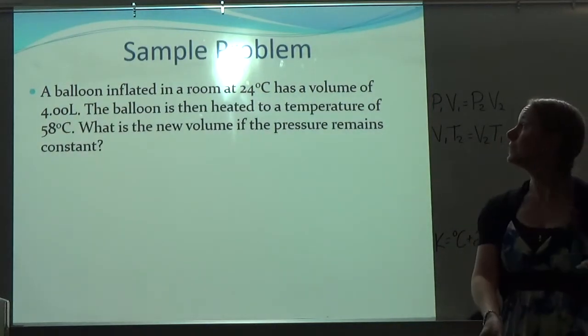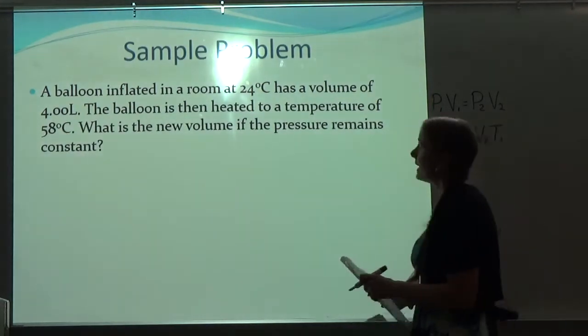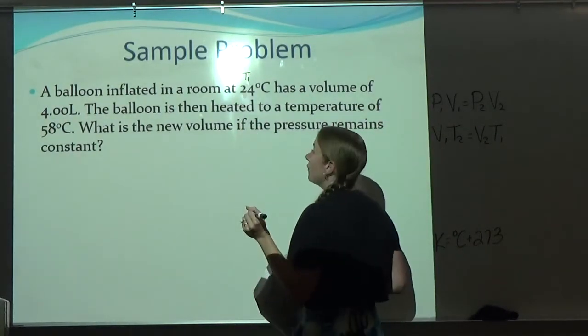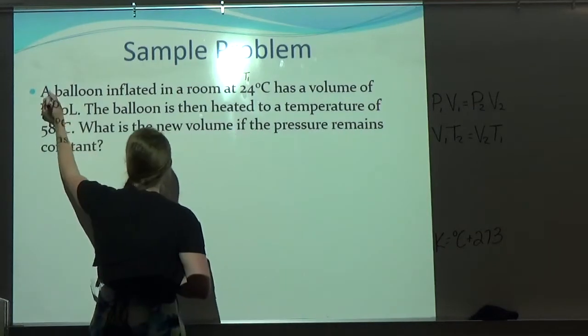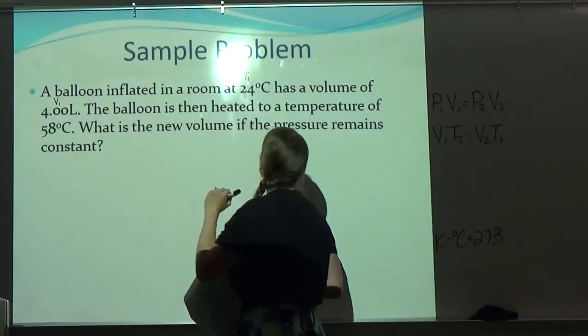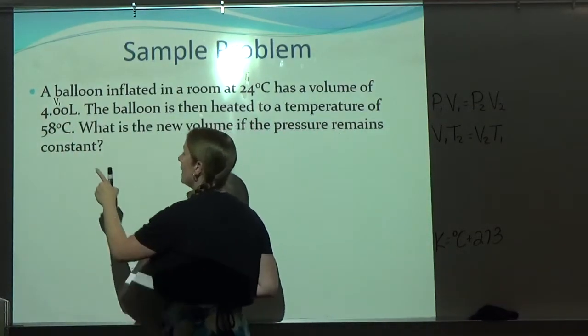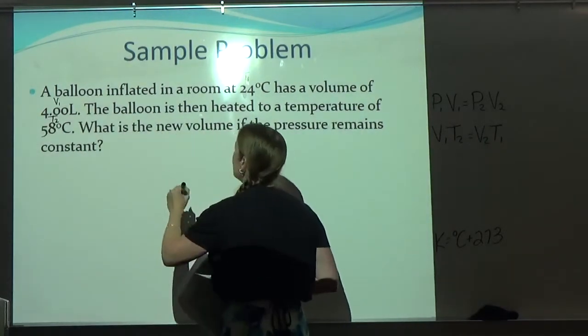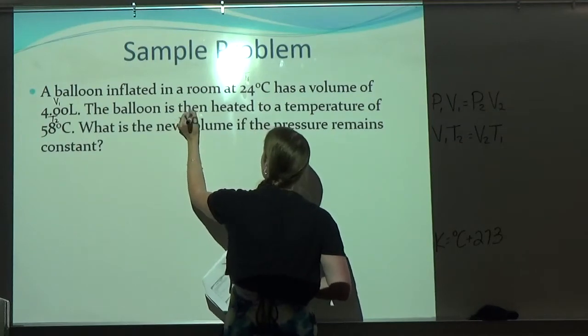So it says a balloon inflated in a room at 24 degrees Celsius, so there's my T1, has a volume of 4 liters, so there's my V1. The balloon is then heated to a temperature of 58 degrees Celsius, so there is my T2. What is the new volume? So I'm looking for V2.